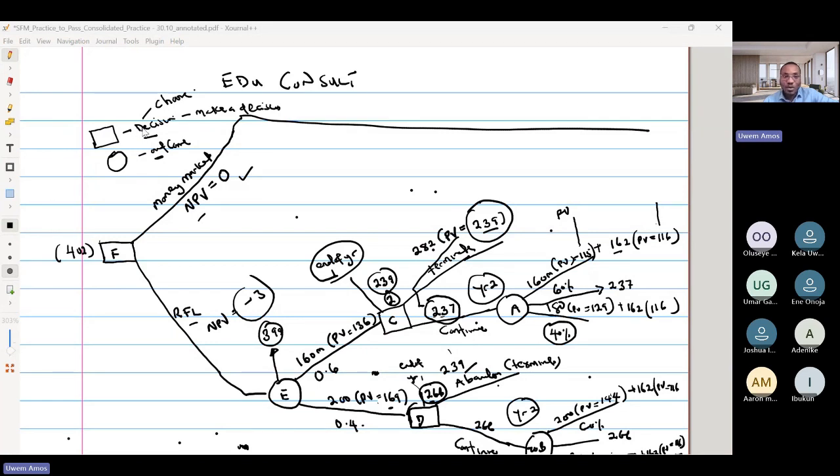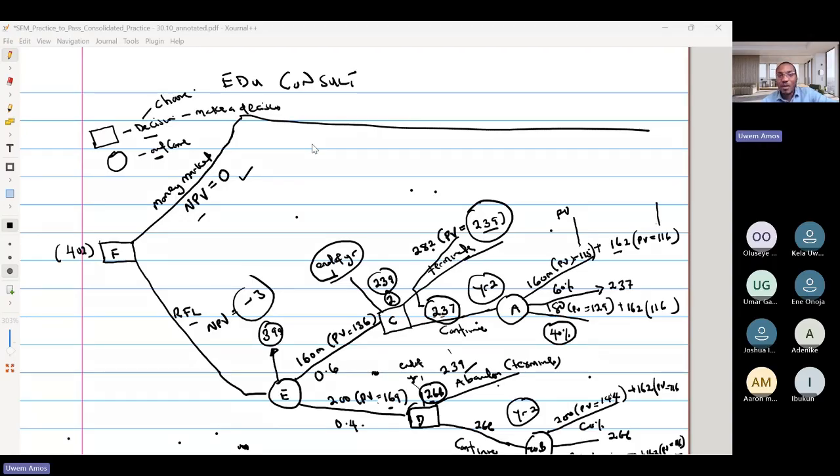And what are these symbols? The rectangle symbol would be the decision point. So whenever you have to make a decision, you make use of the rectangle symbol. The outcome symbol would be a circle symbol, and that would be used to depict the outcome of whatever decision you've made.